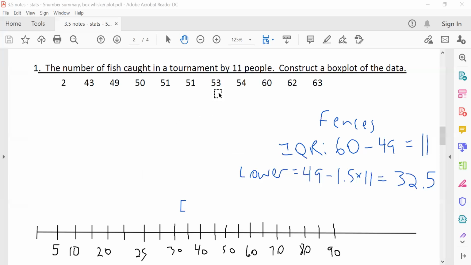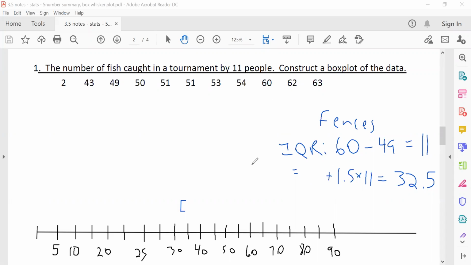And now our upper fence just needs a little bit of tweaking. So the IQR is the Q3 minus Q1. Exactly. Yep, the interquartile range. It is the range between the larger quartile Q3 and the smaller quartile Q1.